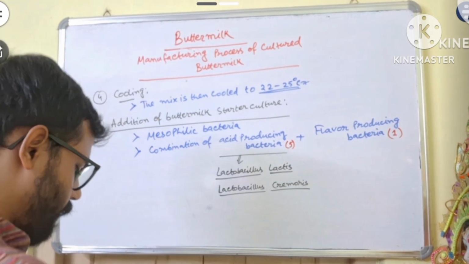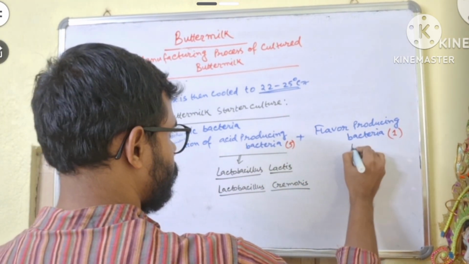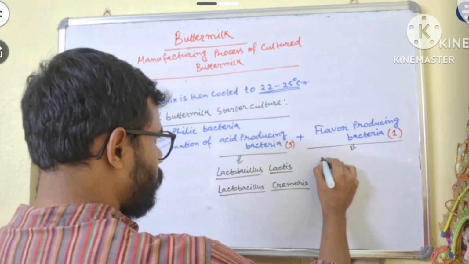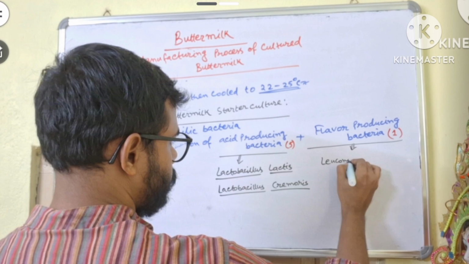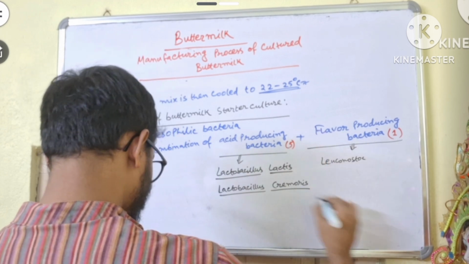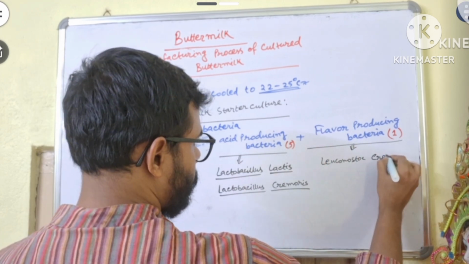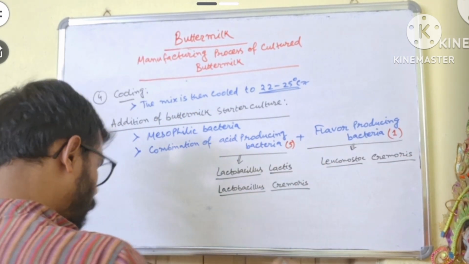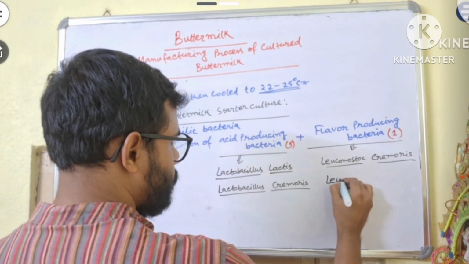Flavor producing bacteria, we can use Leuconostoc cremoris, or we can use Leuconostoc lactis.